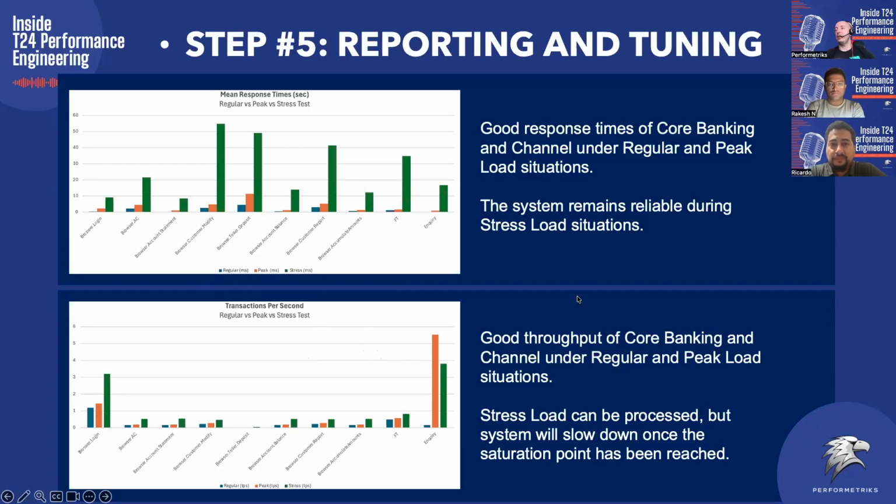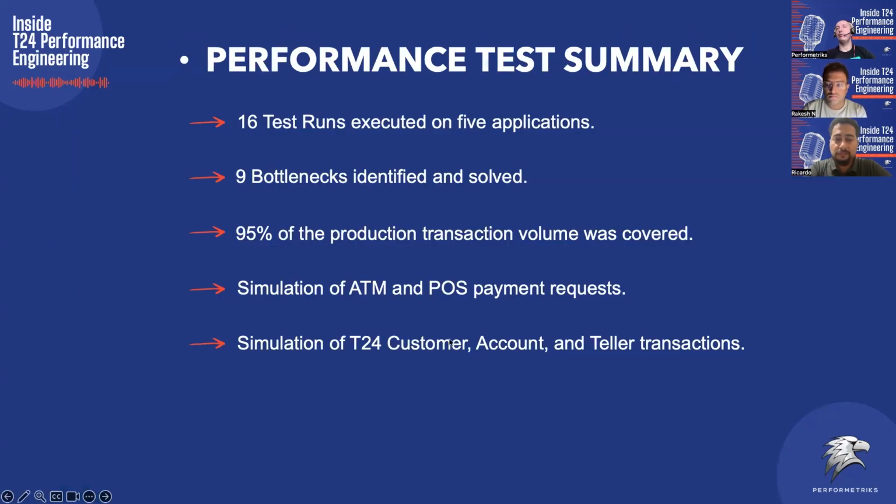The system behaved well through the regular and the peak load. On the stress test, the test proceeded, but the system was very slow, though it didn't break. So the customer can then figure out different ways to design the system, or how to prevent the system from breaking when the load is very hard.